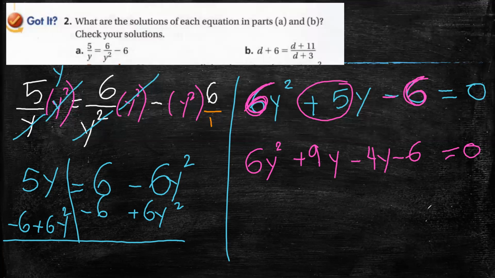Is the sign of 9 negative or positive? Positive. Because when you add them, you must get positive 5, so it is 9 minus 4.